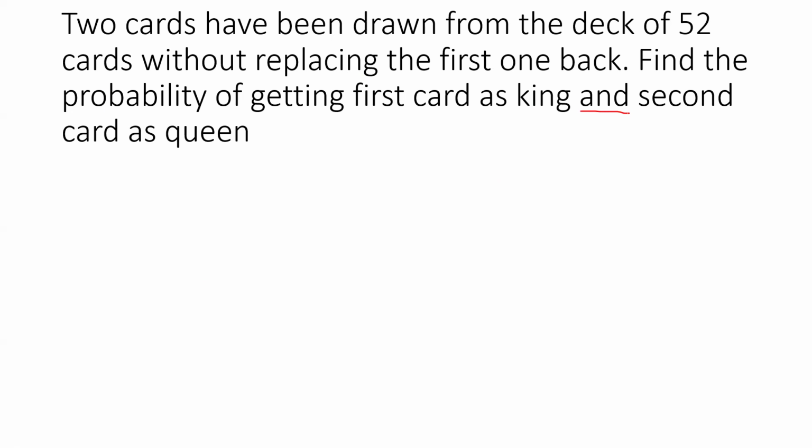Because of the "and", it means that I'm going to multiply: probability of king multiplied by probability of queen.